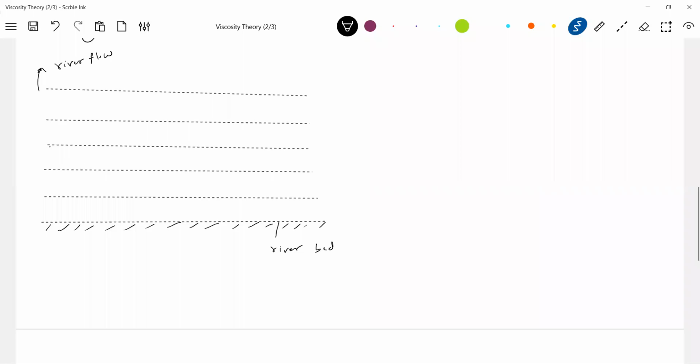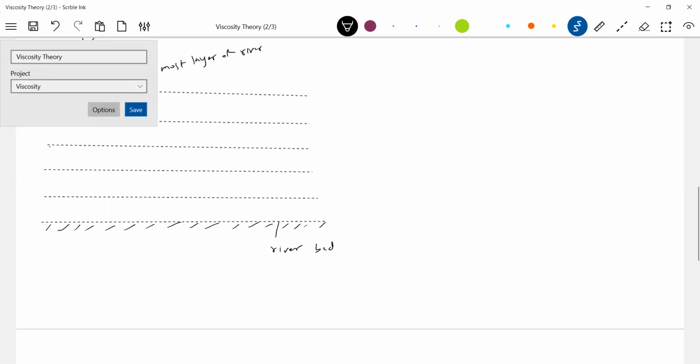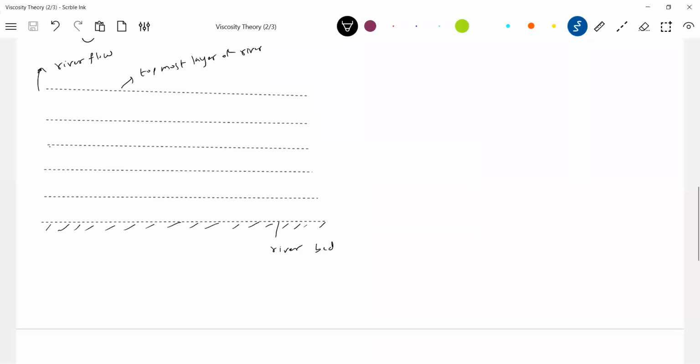And the topmost layer of the river will have the maximum speed. As the depth increases, the velocity of the layers of the flowing river will decrease, and the layer at the river bed, which is in contact with the ground, will be almost at rest.